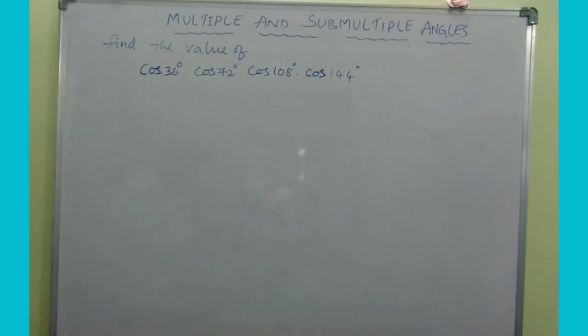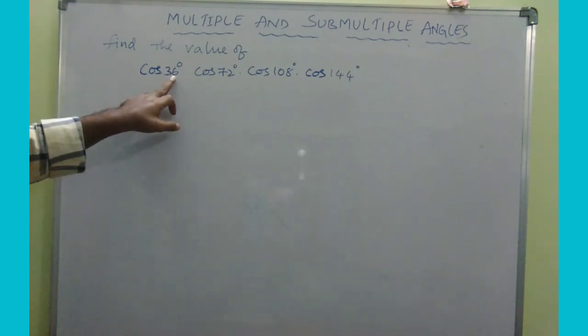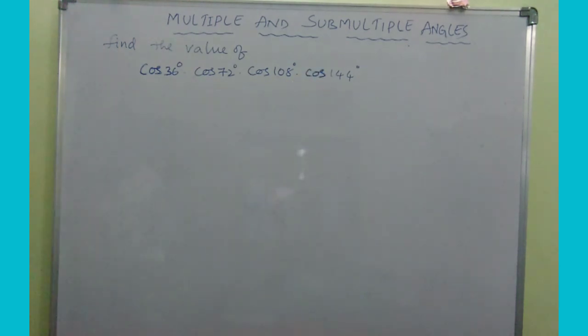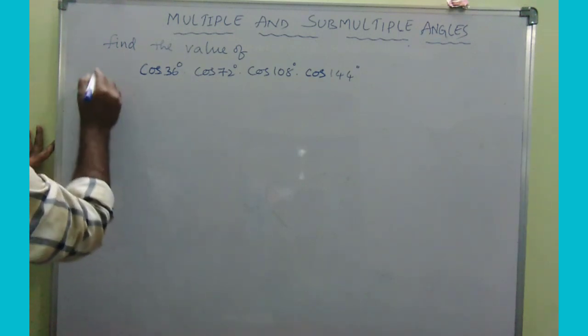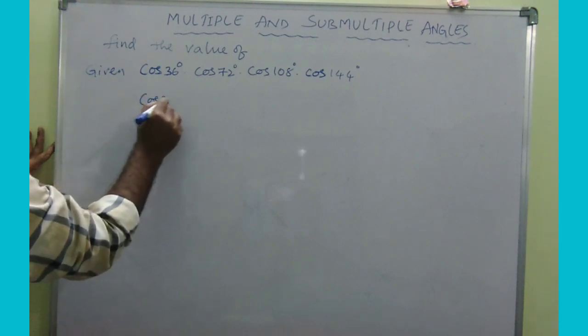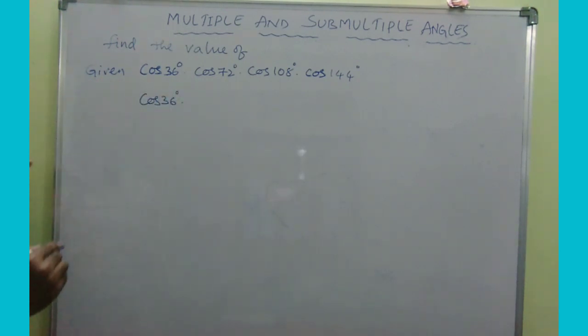Okay, so actually here we may know about 36 degrees and 72 degrees, but exactly we don't know the values of cos 108 degrees and 144 degrees. But even though, no problem, we can find the value of this entire product. Look here, see, this is what is given. So here anyhow we know the value of cos 36, so I don't want to disturb it.